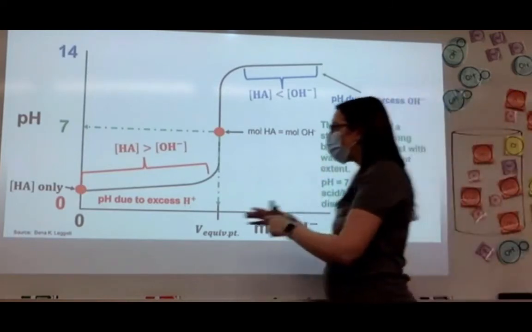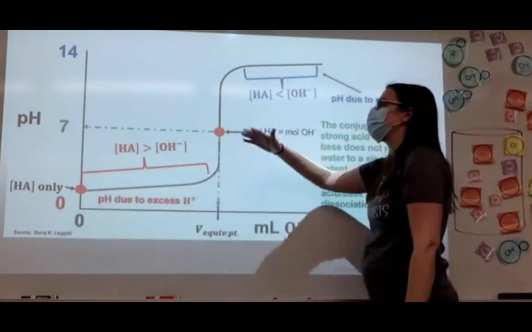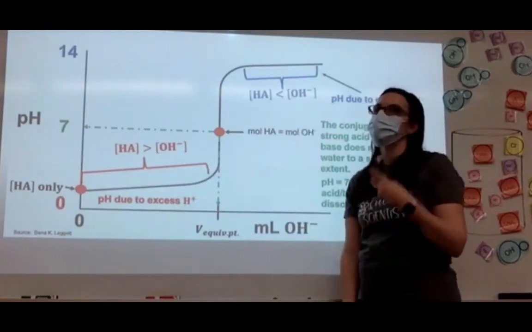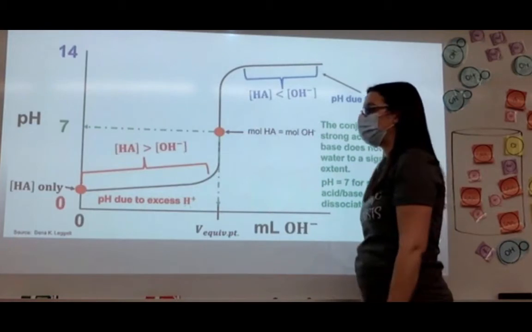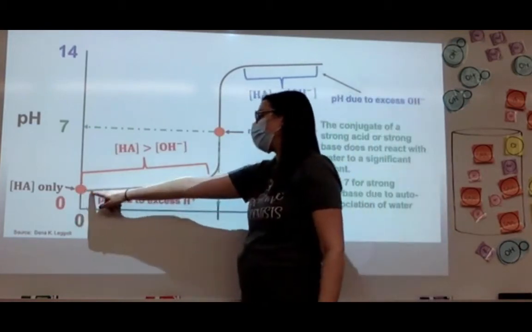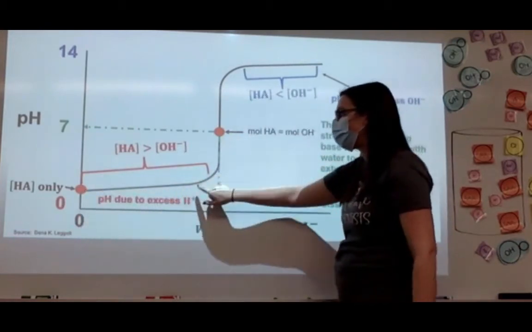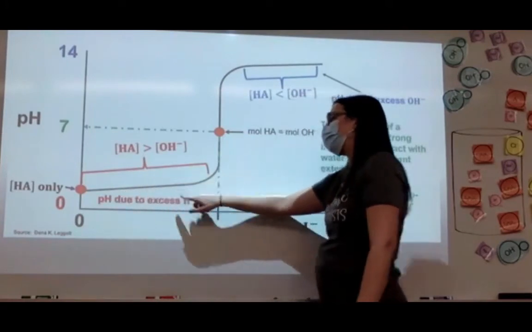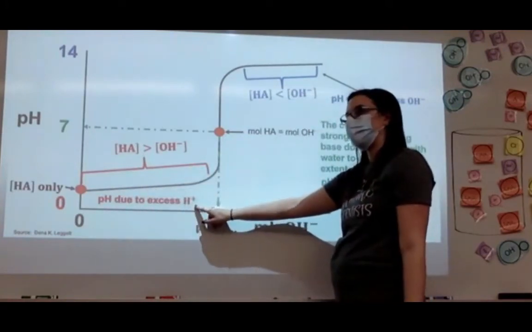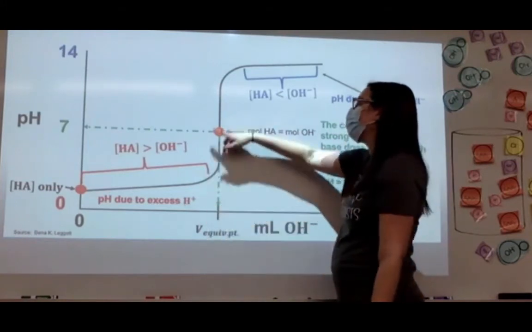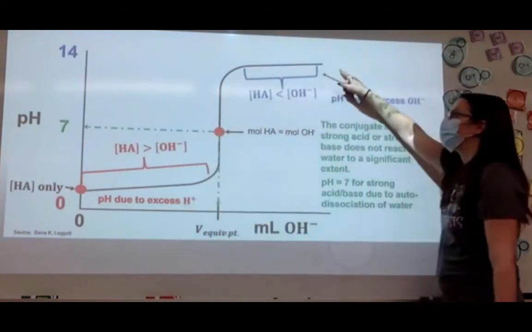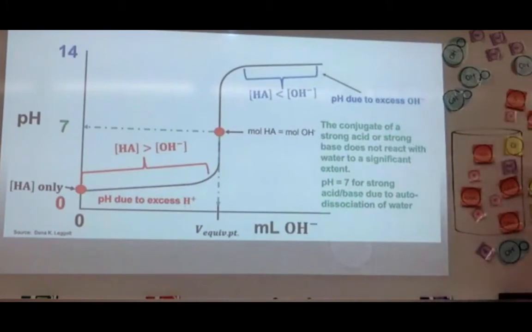All this titration curve is showing a strong acid, strong base reaction. It's always stoichiometry. So you'll notice that the pH before the equivalence point is due to excess acid. So it becomes a stoichiometry or limiting reactant problem. Anything after the equivalence point, you have extra base.